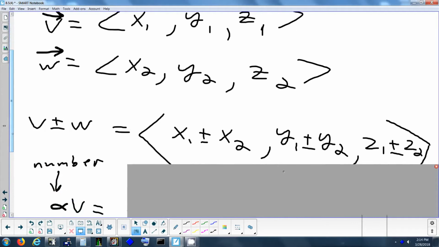Okay, next thing we're going to look at is when you put a number in front of a vector. Does anybody remember what you call this number? We don't really call it a number because it can change the length of it. Yep. A scalar, yep. We call it a scalar. So three things can happen. It can make the vector longer, shorter, or flip the direction.